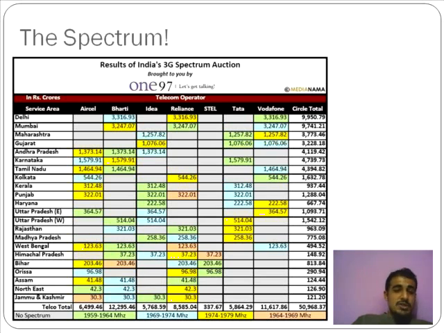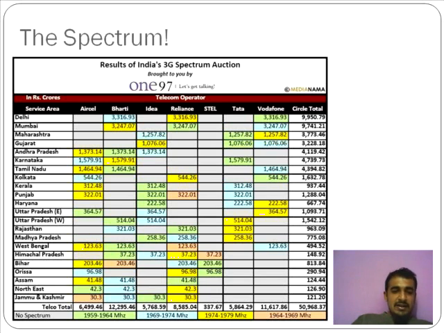On the screen there I mentioned how much companies have spent in order to get these different spectrums, that is, those different radio waves. In the last row that you can see there, you can see the various frequencies that they've used, 1959 to 1964 megahertz, and how much each of these companies has spent.